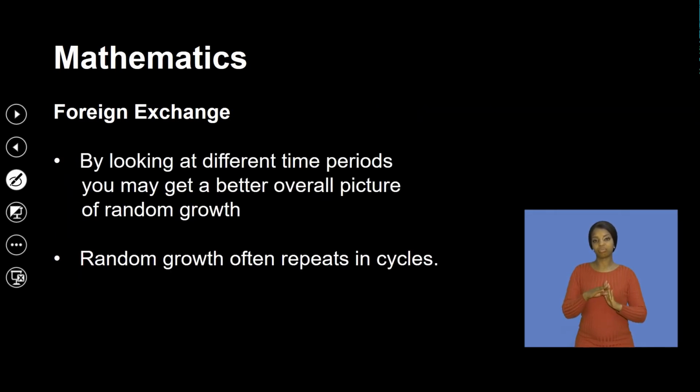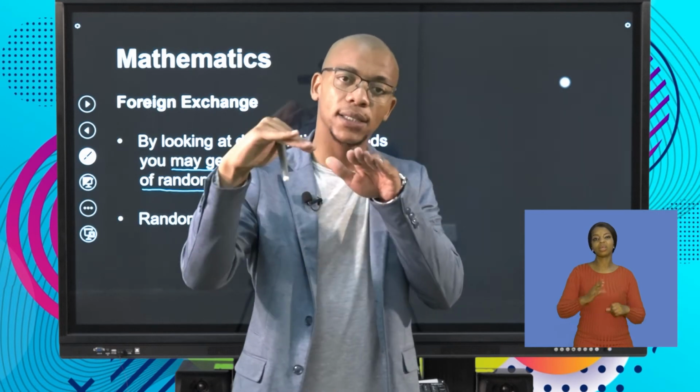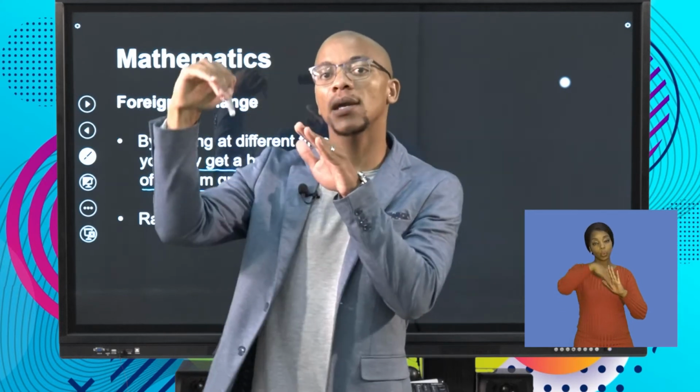Now, when we look at different time periods, you can get a better overall picture of random growth. But this random growth normally repeats in cycles. So you saw that with a 20-year trend, there was more like a linear trend, and then it became an exponential trend, and then it became a parabolic trend.